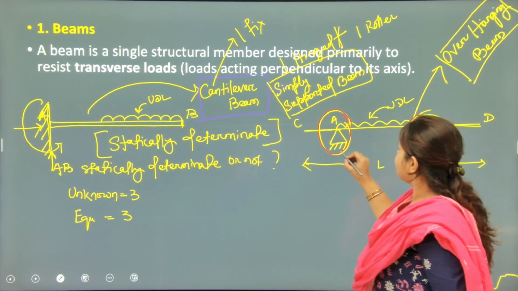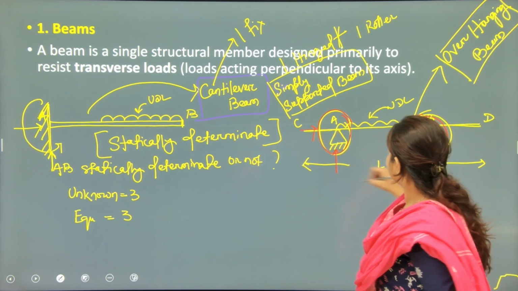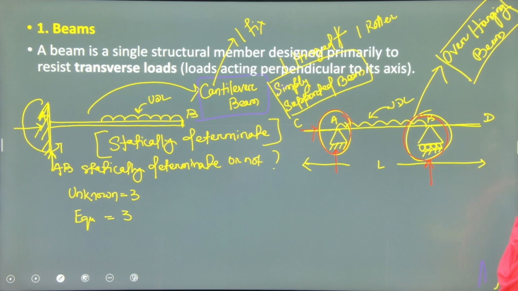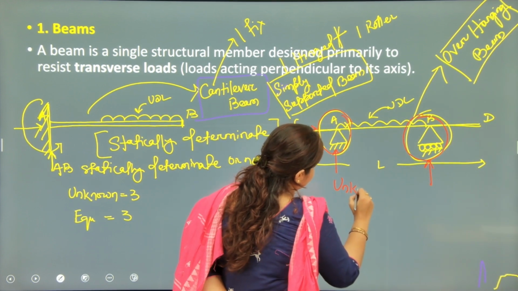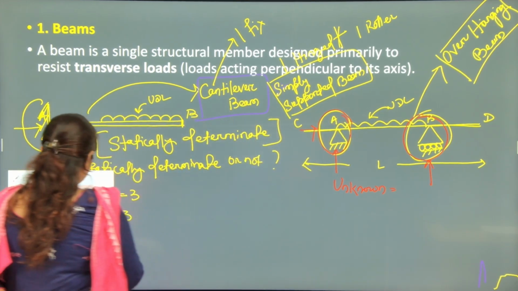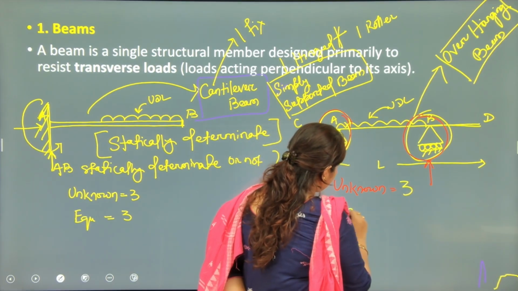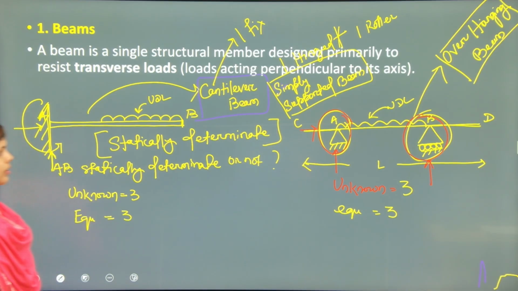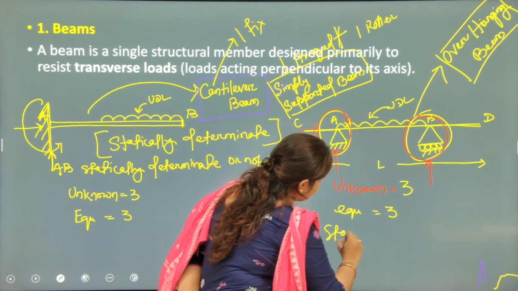Like here you have the hinge support, that will give you 2 reactions, and the roller support will give you 1 reaction. So here also unknown equals 3 and equations equal 3. This is also a statically determinate structure.